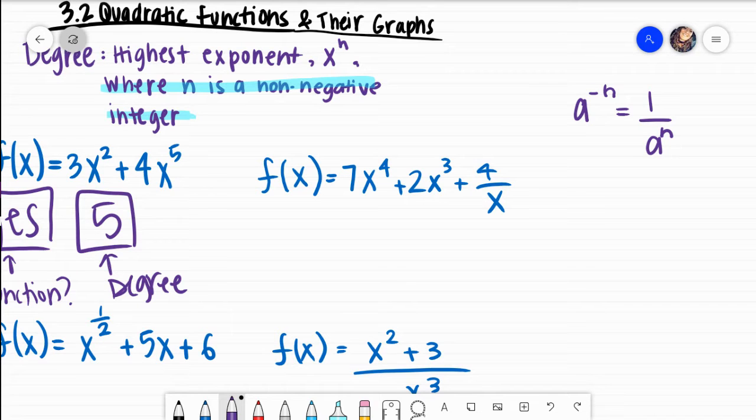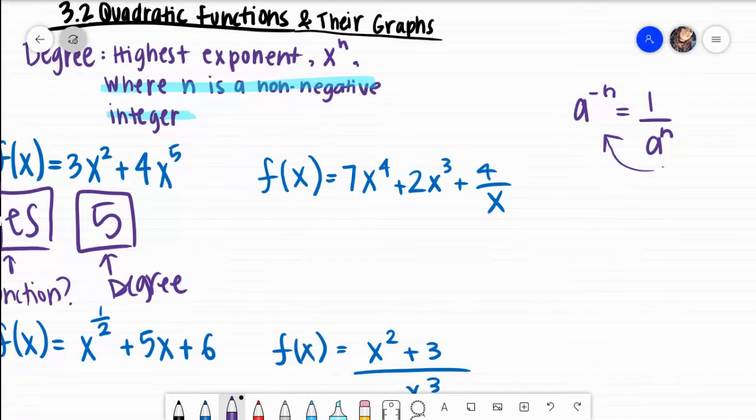I can start on the left-hand side and change it mathematically into the right-hand side and vice versa. What I noticed for my last term is 4 over x is just like having that x raised to the nth power in the denominator. My exponent rule says that I can write it in that manner, as long as you remember that you need to change the signs whenever you change its position.